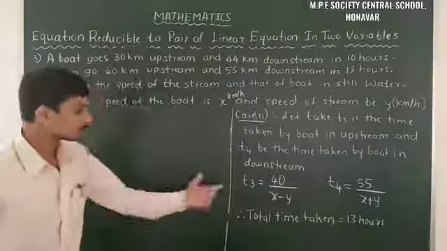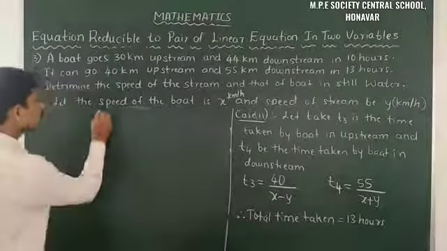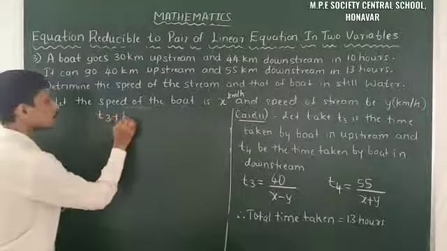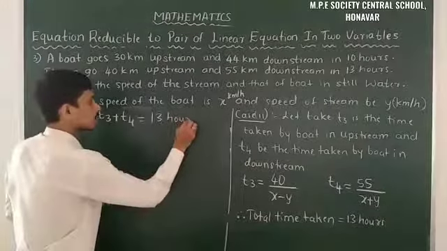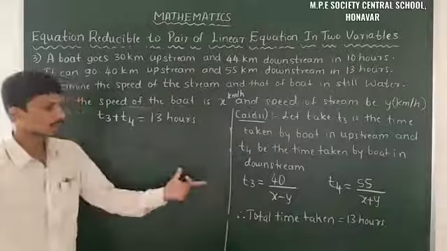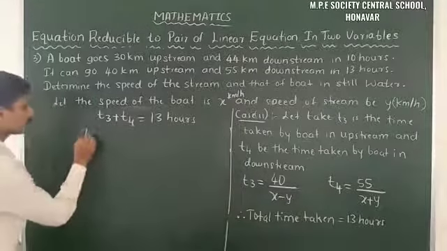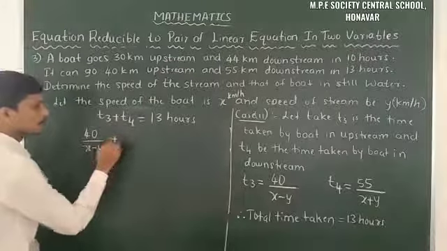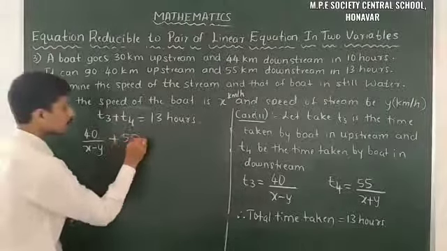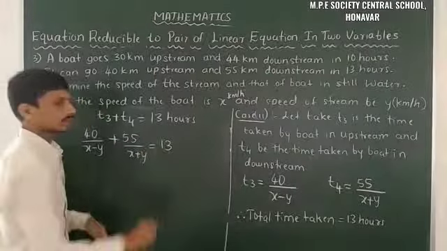That means T1 plus T3 plus T4 is equal to 13 hours. Just substitute the value of T3 and T4 here. What happens? It's 40 by x minus y plus 55 by x plus y is equal to 13 here.